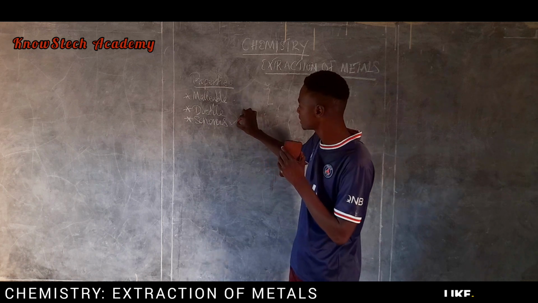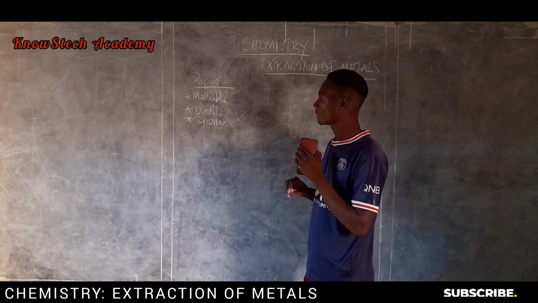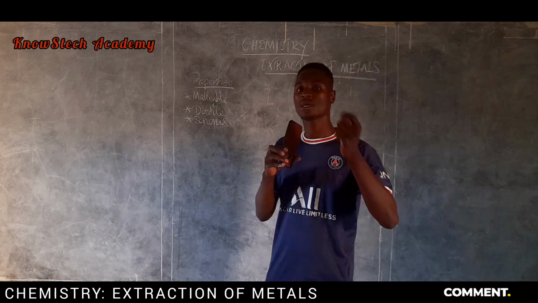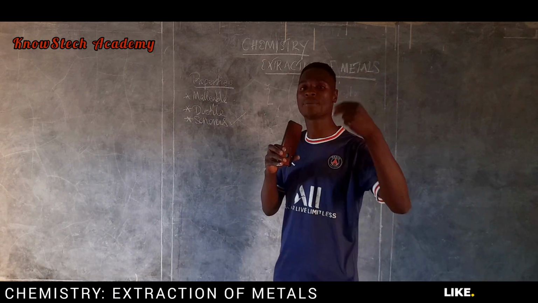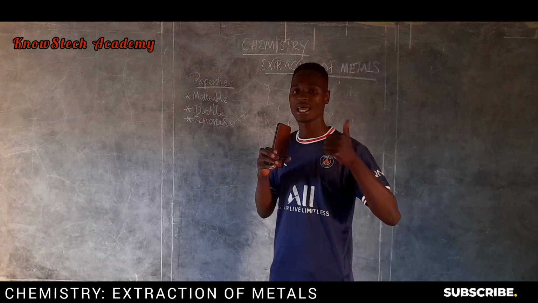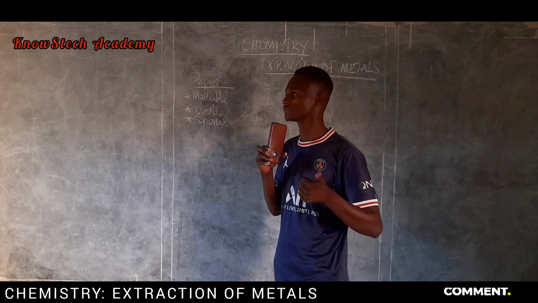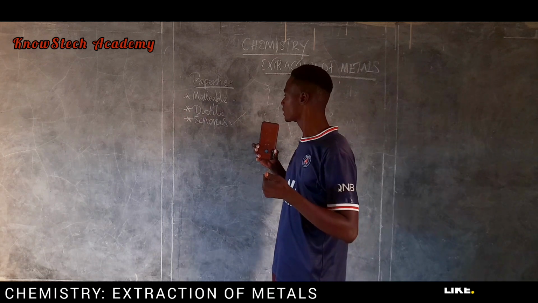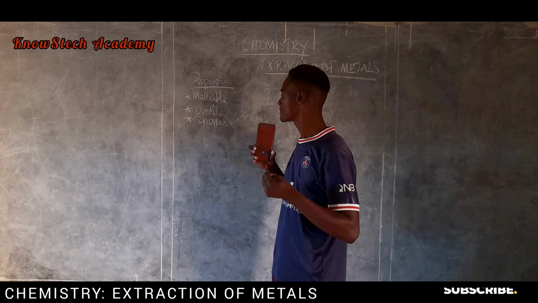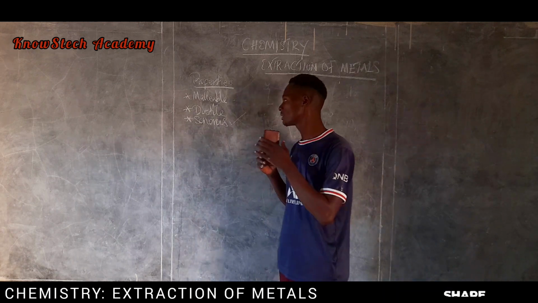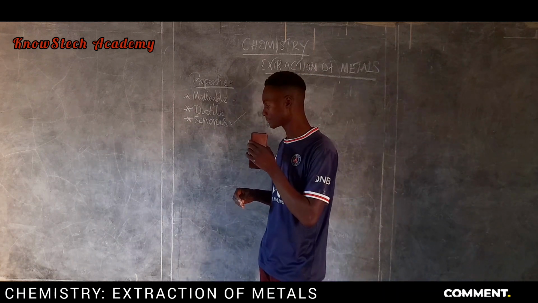They are good conductors of electricity. They also have high boiling and melting points, except mercury, which is a liquid metal. And there are many other properties. Now, let's just look at these.